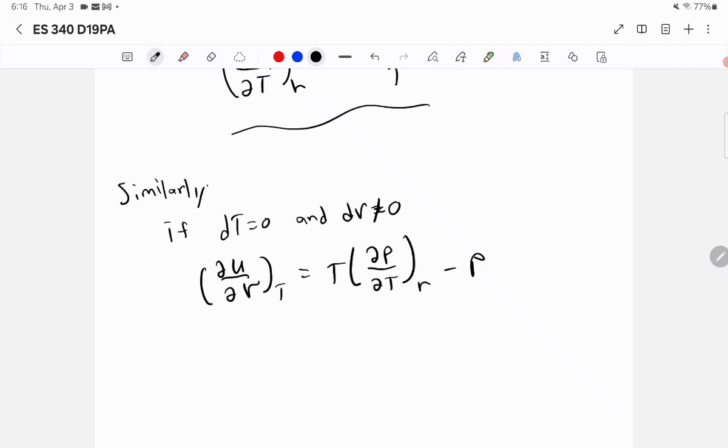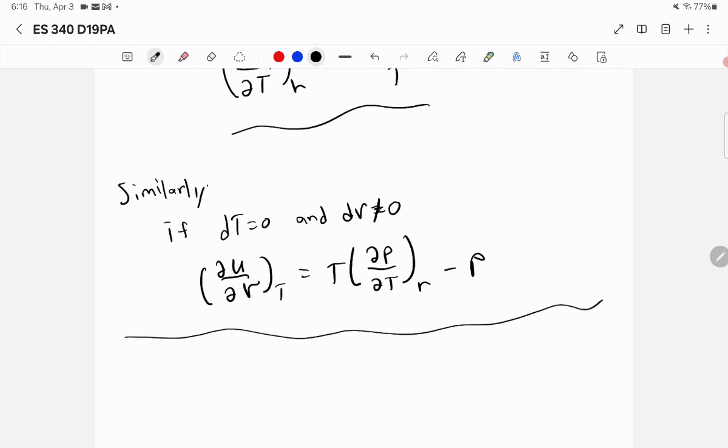Okay, and like I said, I will let you work through those kinds of equations if you wish to actually go through the derivations.